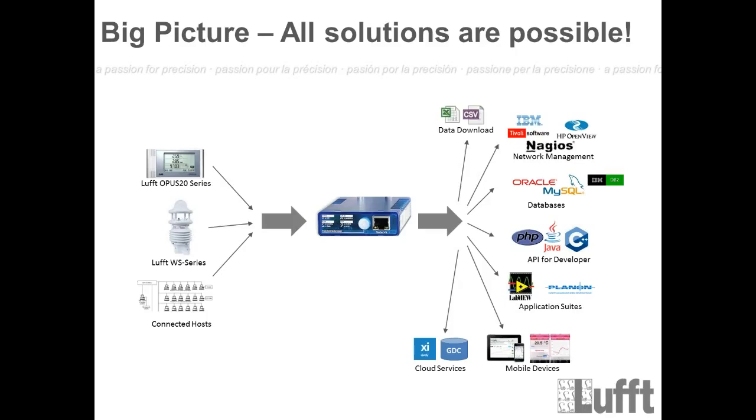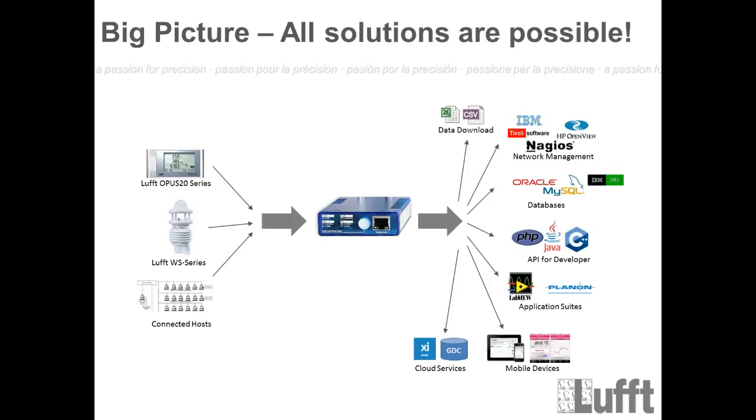Maybe we can also enter them into a network management system, like IBM, Nagios, HP OpenView, etc. Or we can send them to different databases, like an Oracle database, a MySQL database, or DB2 from IBM. This only depends on the app which you have installed on the i-BOX. Or for developers, special platforms and APIs like Java, C++. This can also be possible.